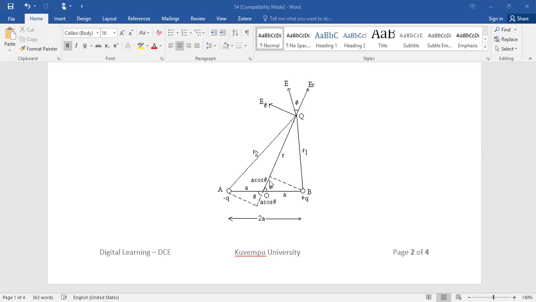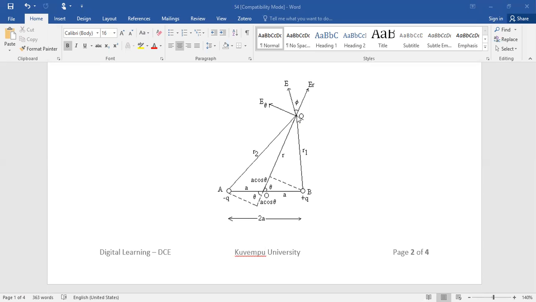When you draw a perpendicular here, you get a small triangle. In this triangle, this side is the adjacent side, which can be written as A cos theta. This is A, and this side is equal to A cos theta.